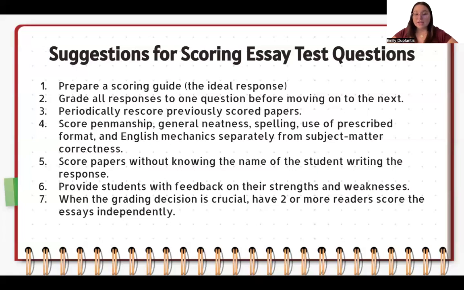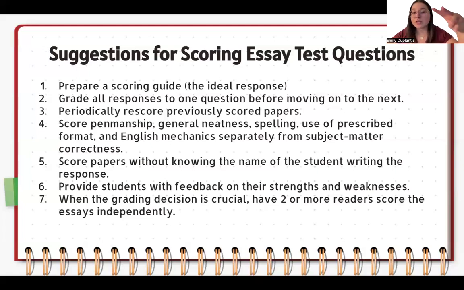The idea here is that you score writing question number 1 for every student, and then you go back and score writing question number 2 for every student. Don't score 1 and 2 per student. Score 1 for everybody and then 2 for everybody. So we'll talk about the reason why later, but that is a tip there.